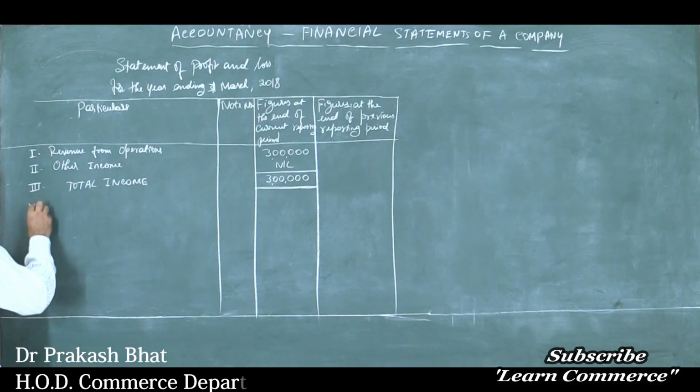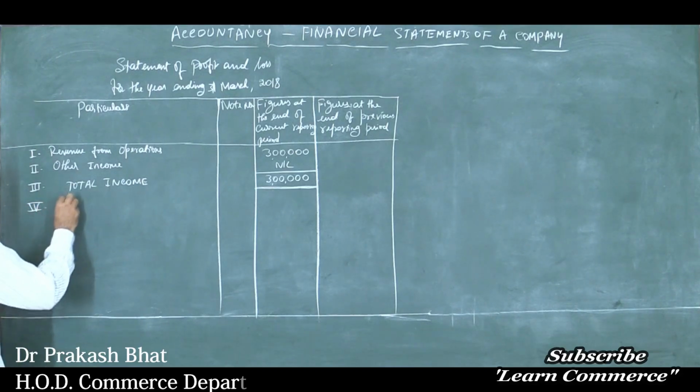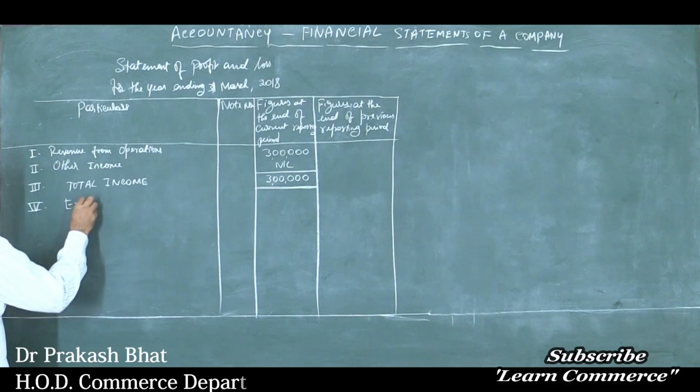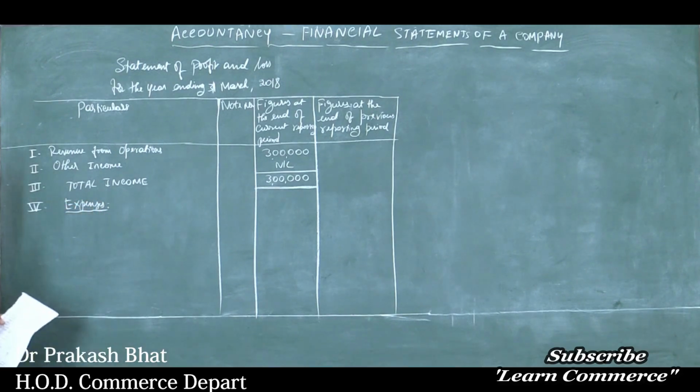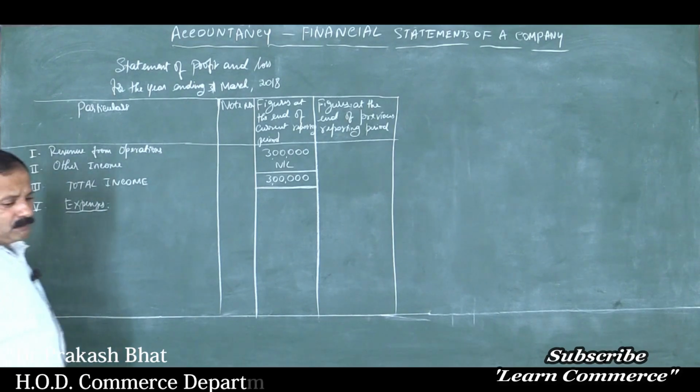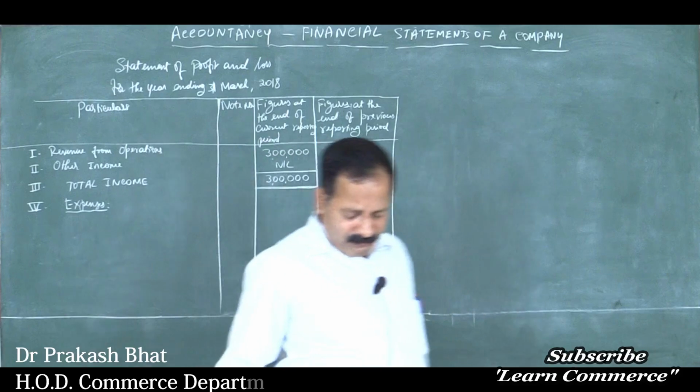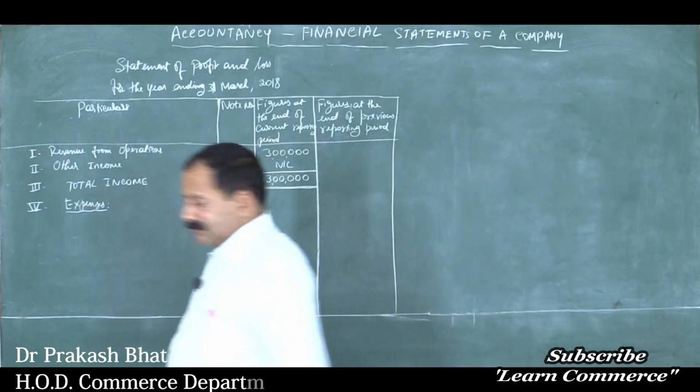Fourth one, Roman 4, expenses. Under that, purchases or cost of materials consumed.